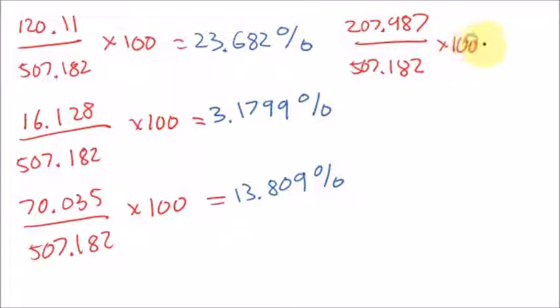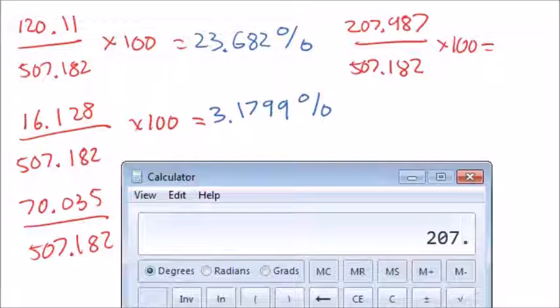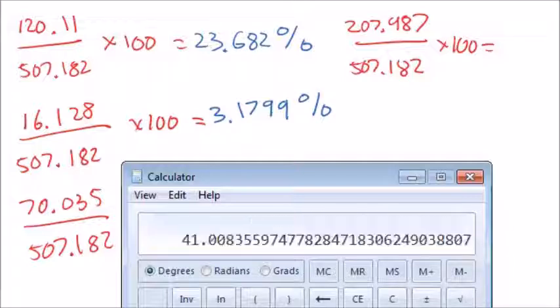Let's get the calculator out again. 207.987 divided by 507.182. Multiply that by 100, and we'll get 41.008%.